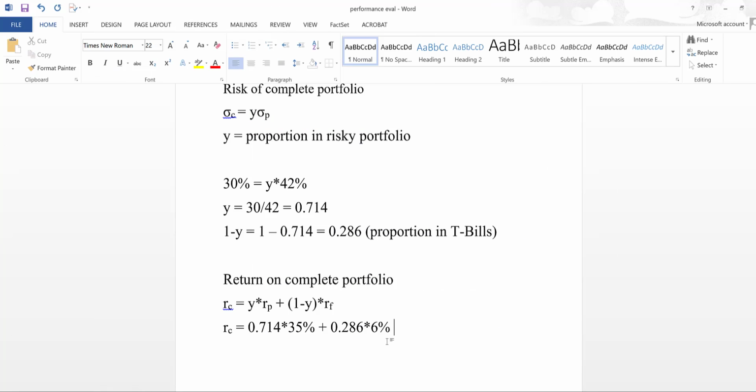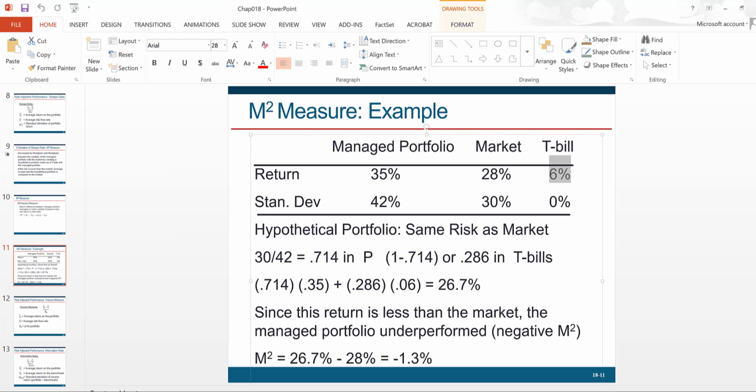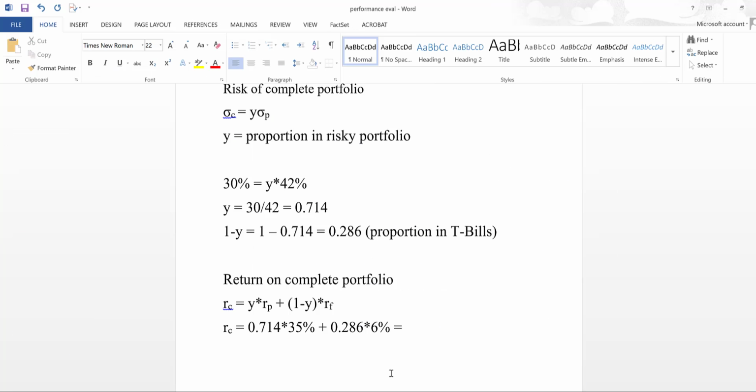So weight in the risky portfolio or managed portfolio times its return, plus weight in the risk-free asset or treasury bills times the risk-free rate of return, and that gives us the return on the combination, and as you can see here, that is 26.7%.